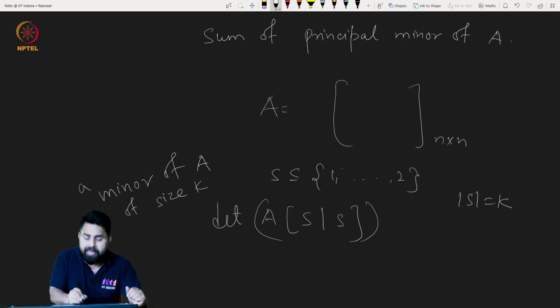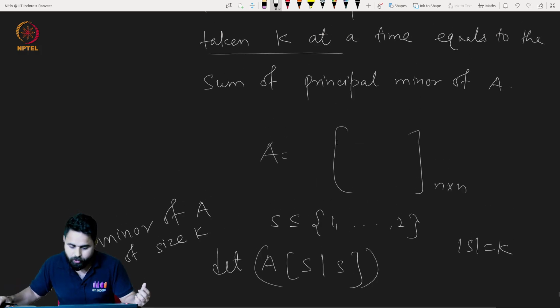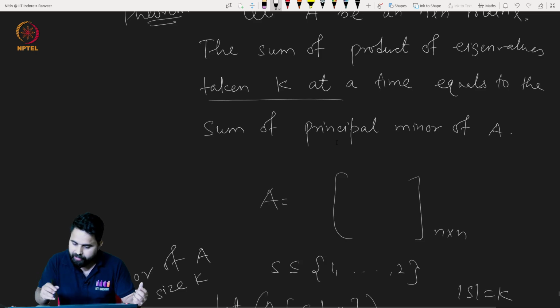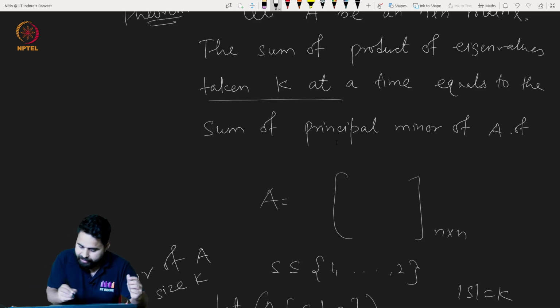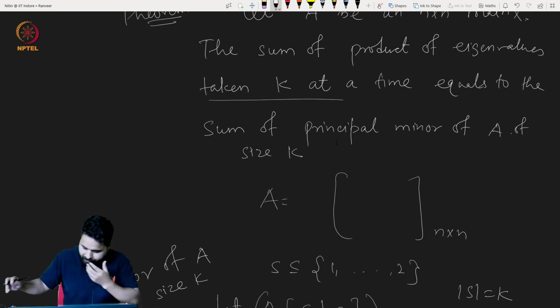In this way, there can be a sum of principal minors of A of size k, or order k, whatever name you take.